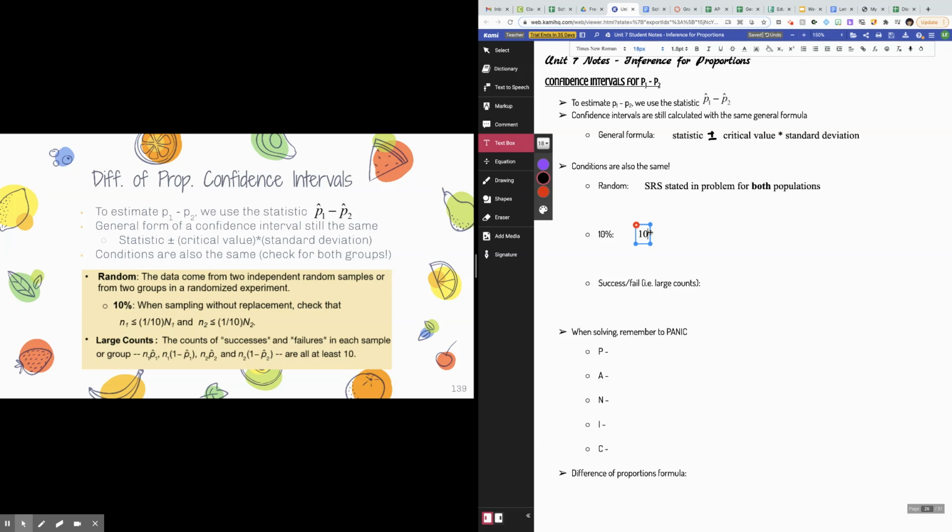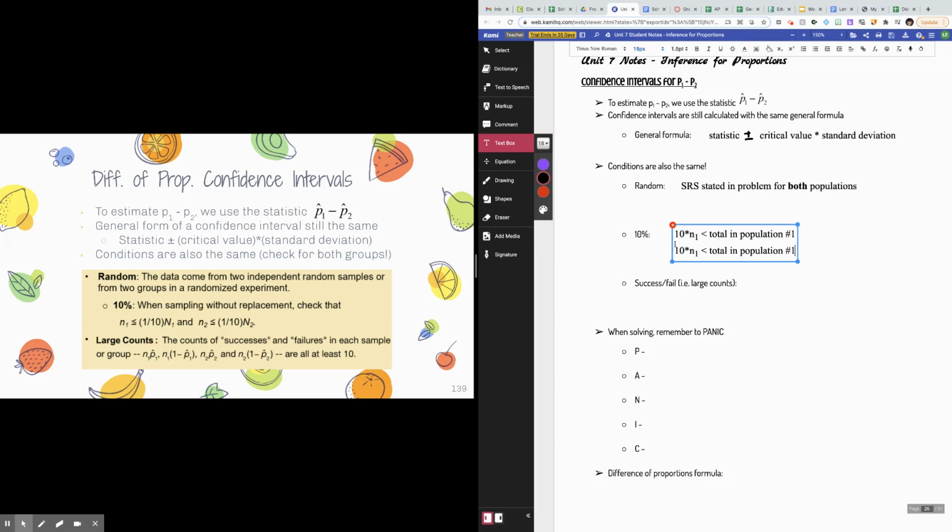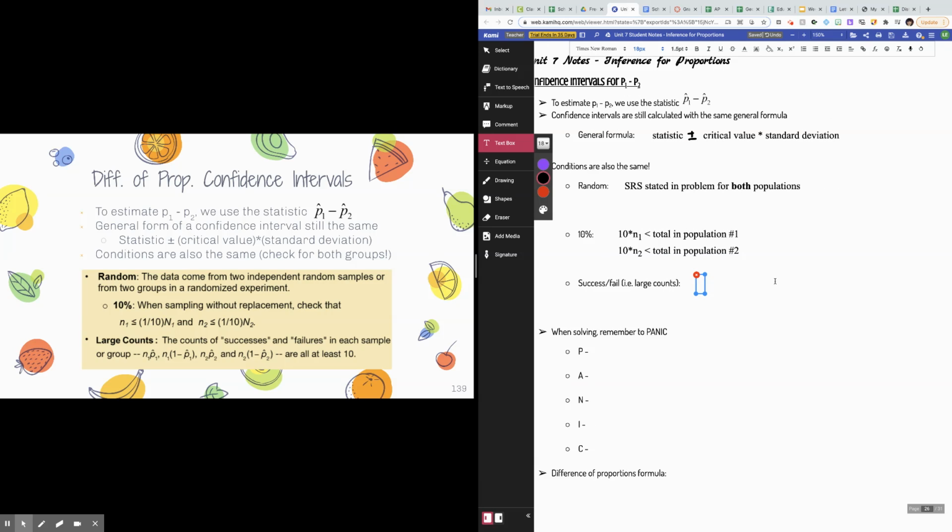So remember the way we check that is we do 10 times the sample size and ask, is that less than the total in population number 1? And then we're going to do the exact same thing for population number 2. And then the last one is success/failure, or large counts, which again we talked about in the previous video when we were talking about the sampling distribution of the difference of proportions.